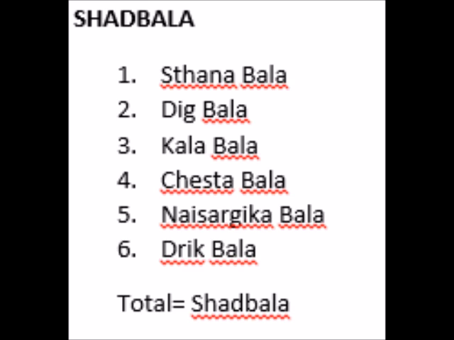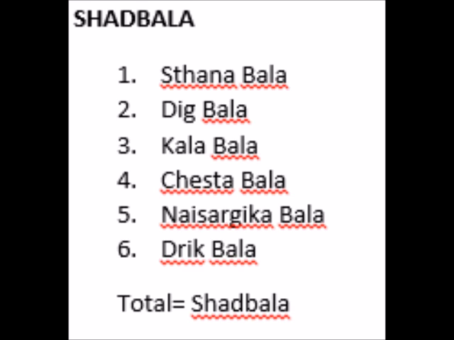The second component of the Sthana Bala is called Sapta Vargaja Bala, and it is calculated based on where the planet is located in terms of whether it's in its own sign or not.